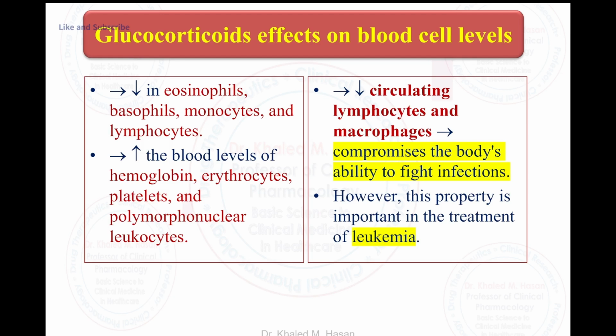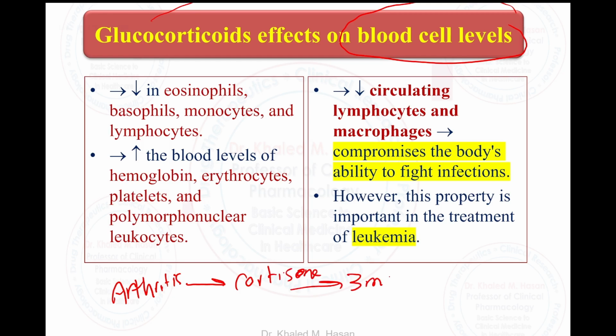So now we look at the blood cells. Looking at the effect of cortisone on the blood cells, you can imagine you have patients with arthritis, and you prescribe cortisone to your patient, and this cortisone is prescribed for 3 months, could be 6 months or 1 year. What happens there?